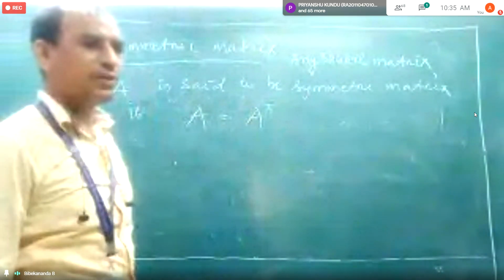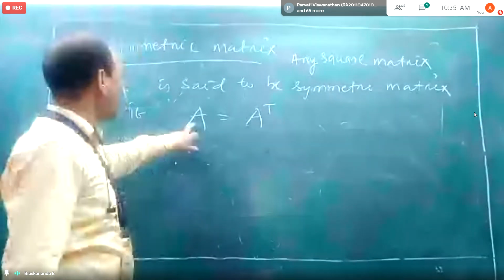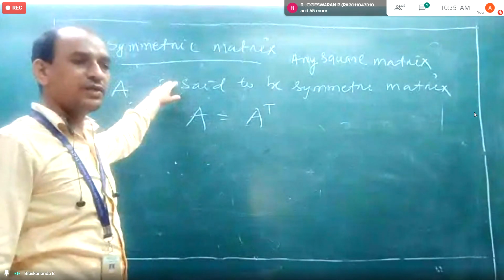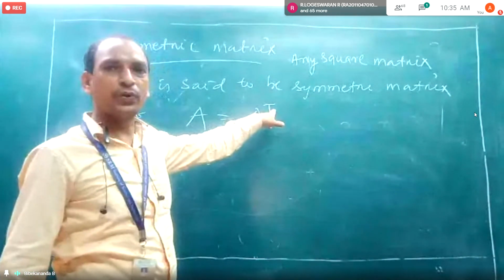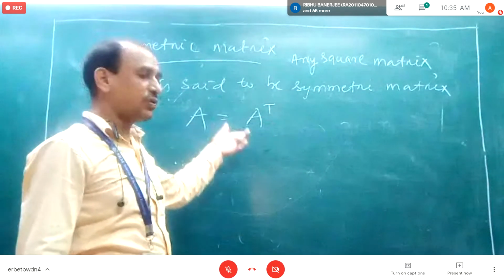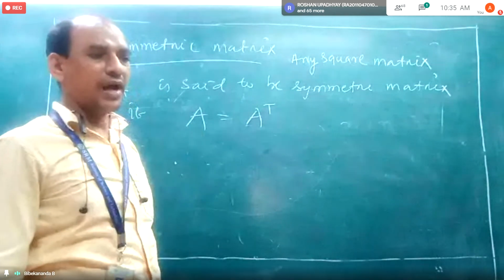So if the matrix is equal to its transpose, then the matrix is known as a symmetric matrix. This T stands for transpose. If A equals A transpose, then the matrix A is said to be a symmetric matrix.